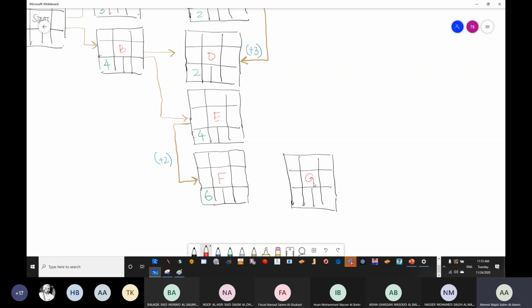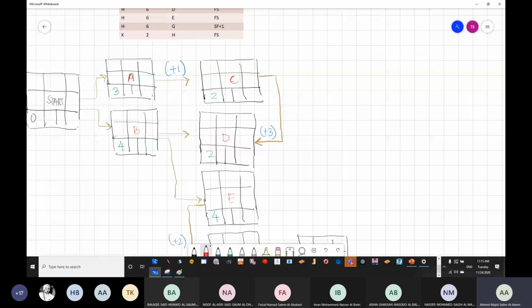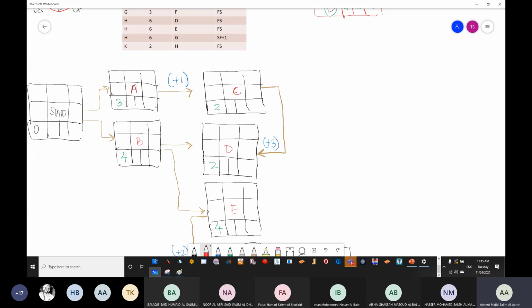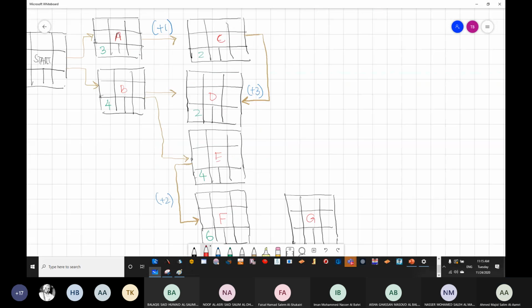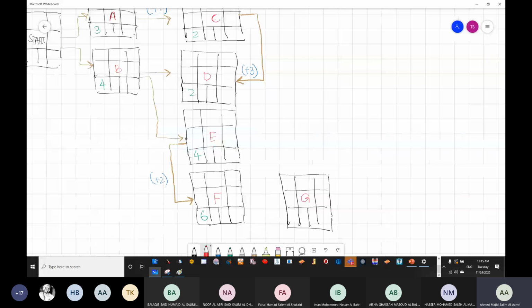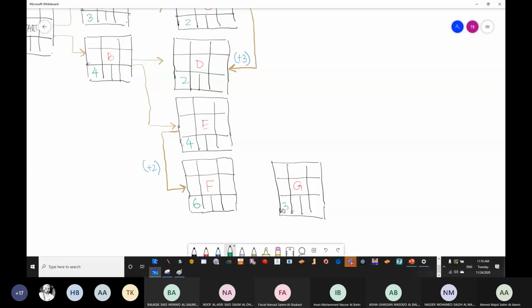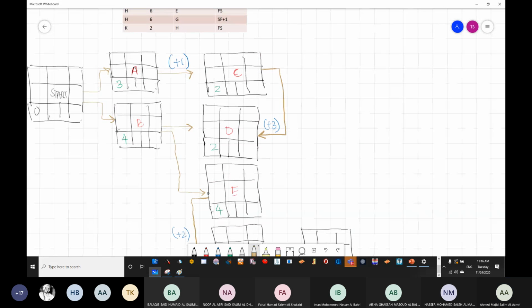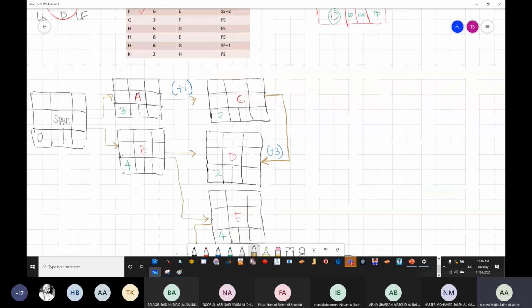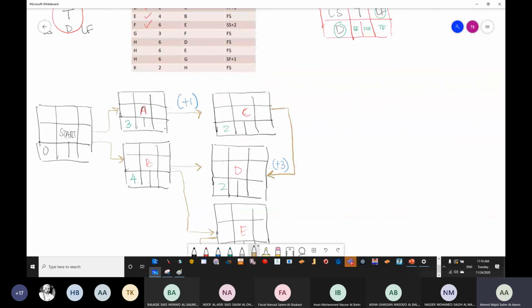The task is G. The duration is 3 days. The relationship is finish to start. So we need to finish F in order to start G. So we have finished, sorry, from G.